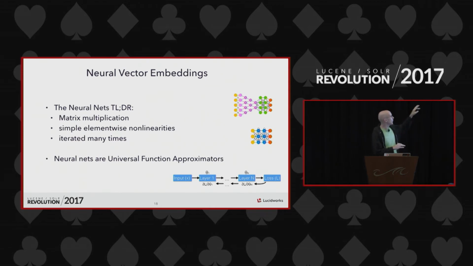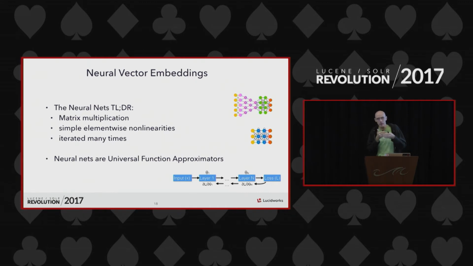Just a quick TLDR on neural nets. Really, they're still based on matrix multiplication. It's all linear stuff, and then simple element-wise nonlinearities. They seem crazy and weird, but really it's about taking these straightforward linear operations and just doing them again and again.